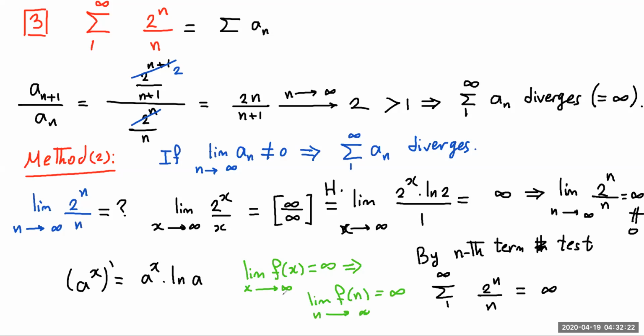Here x is continuous, it moves in R, but n moves in Z. So n is 1, 2, 3. It would not be a half, but x could be a half. So this is the difference. Okay.